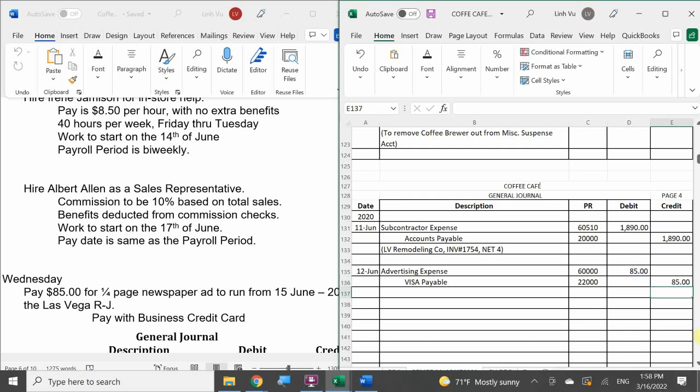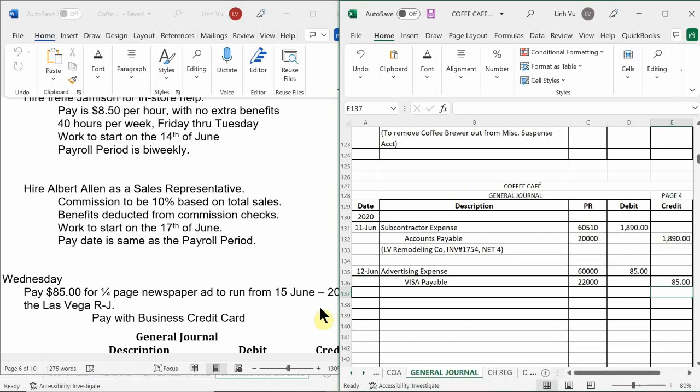And here we have every piece of information that we need. We know exactly who we paid. We paid LV or Las Vegas RJ. We paid them for a quarter page newspaper ad, and that's pretty much it. If you want to put the dates in there, you can.